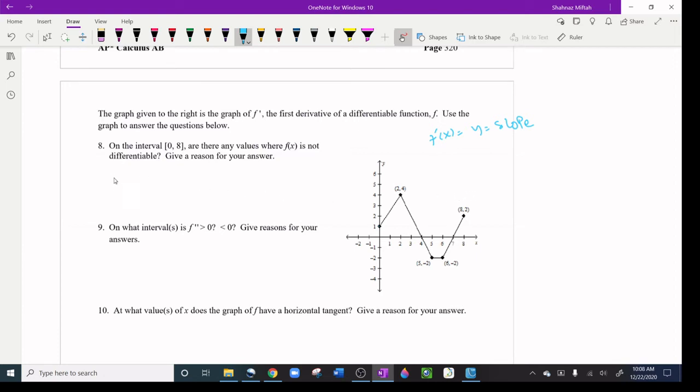So I'm going to say f prime x is defined for all values on the closed interval [0, 8]. f of x is differentiable for all values on [0, 8].